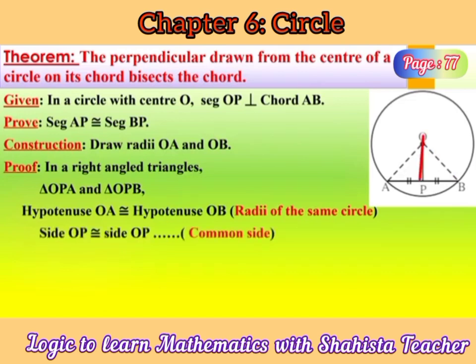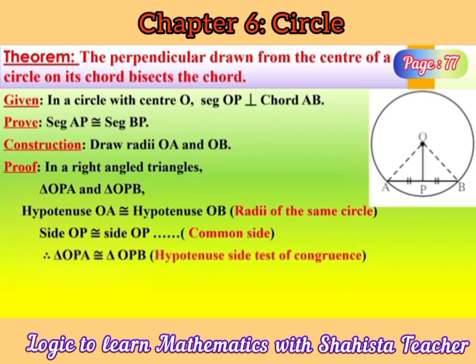Side OP is congruent to side OP, that is the common side. Therefore triangle OPA is congruent to triangle OPB by the hypotenuse side test of congruence. Now segment AP is congruent to segment BP, corresponding sides of congruent triangles.